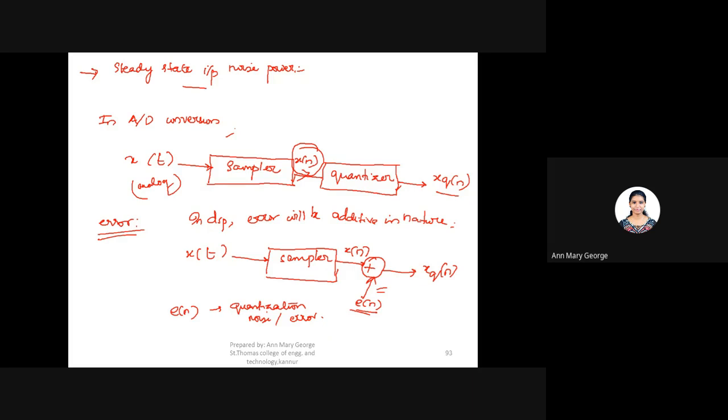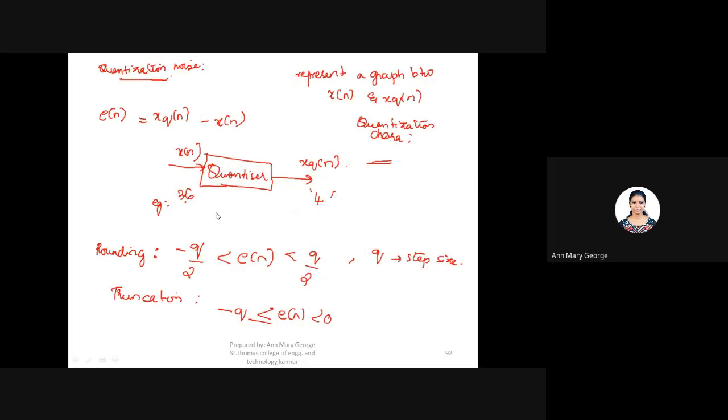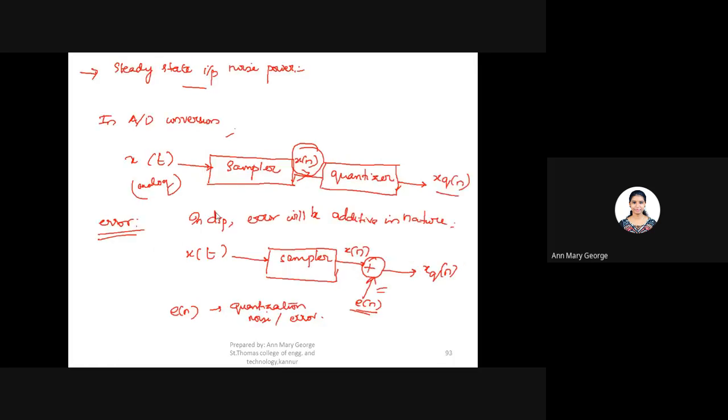It was written earlier, wasn't it? What is e of n? The difference between xq of n and x of n.